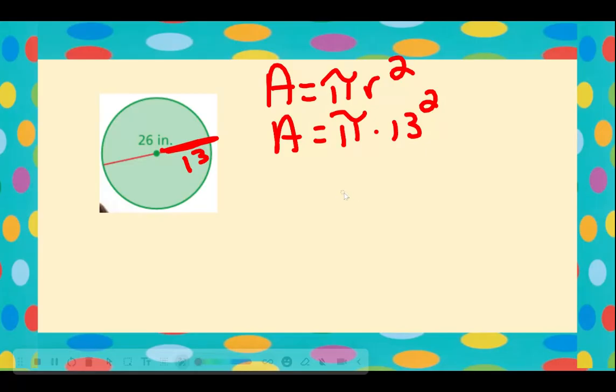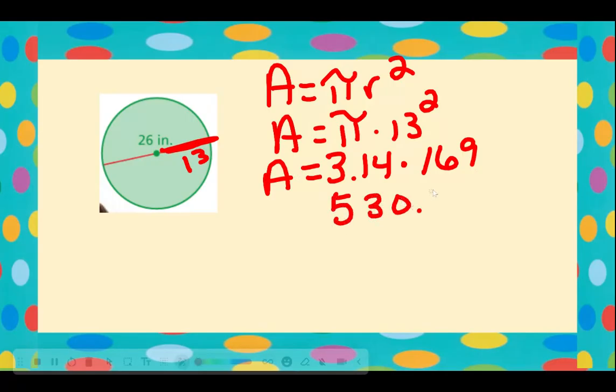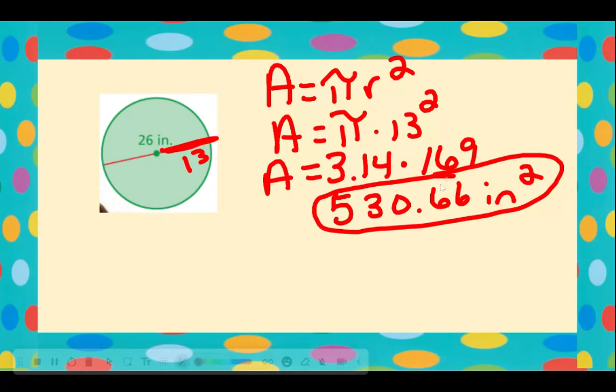So I want you to have your perfect squares memorized. 169. So 3.14 times 169. Pause the video, multiply, and see if we get the same answer. I got 530.66 inches squared. That is your area.